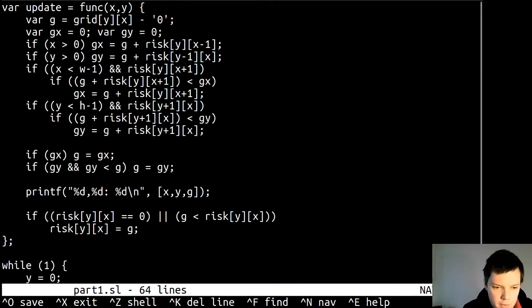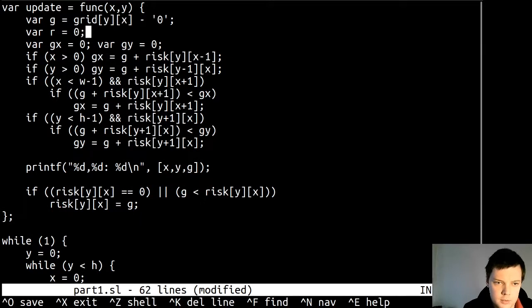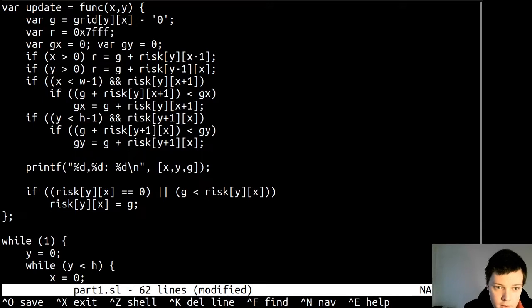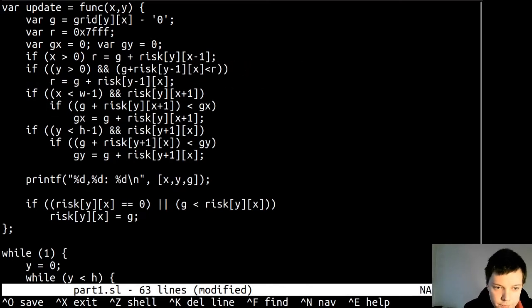Okay, so we won't take a gy and a gx. What we'll do is we'll only set risk. Or was that really high? So if y is greater than 0 and g plus risk y minus 1 x is less than the risk, then we'll use it.